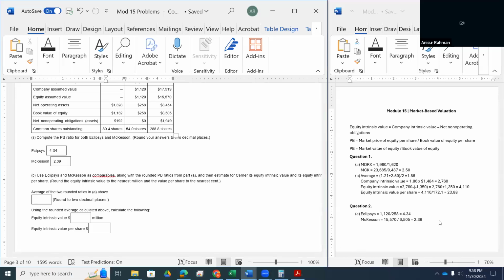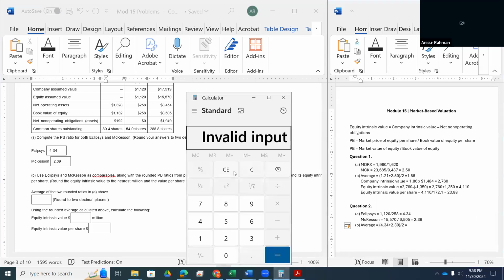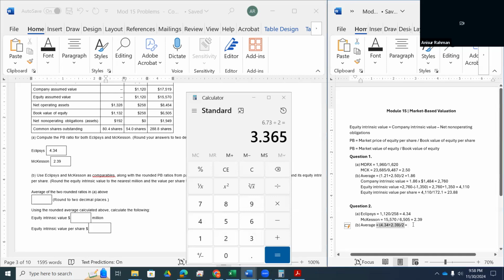So let us do that. Our average will be 3.37, 2 decimal places.